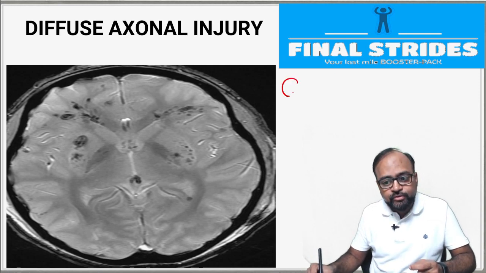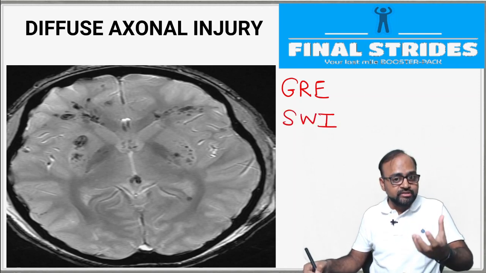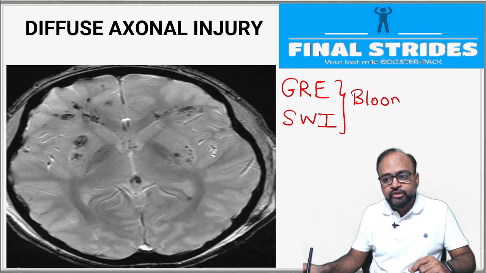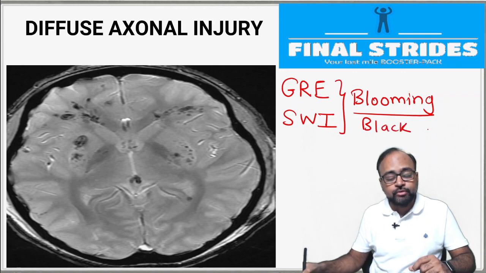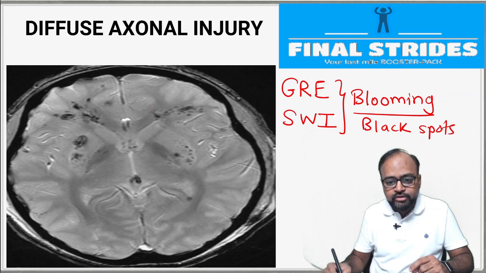Blood sensitive sequences like gradient echo sequence or susceptibility weighted imaging. In these sequences blood appears as blooming, that is black spots. So blooming means black spots. Blood appears as blooming or black spots within the brain parenchyma. Look at this image here.